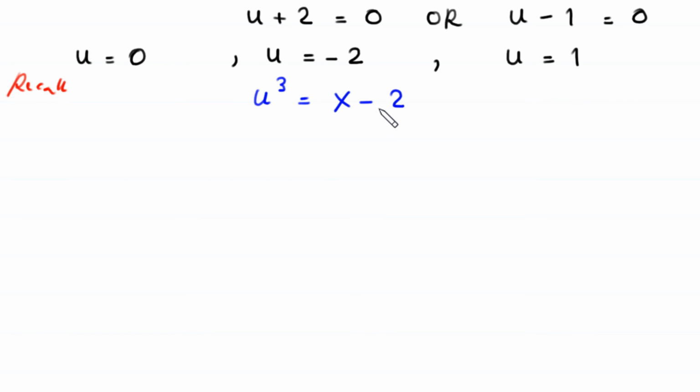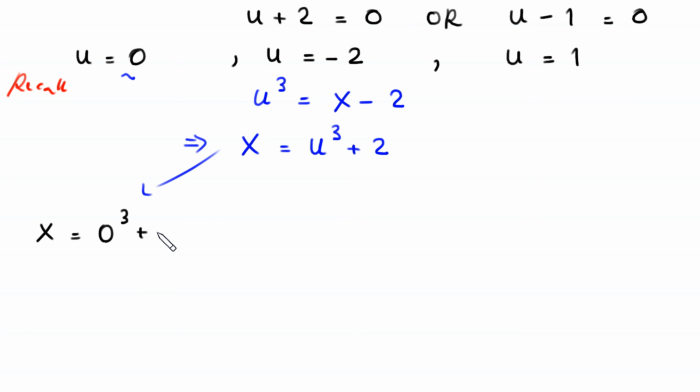If we move this negative 2 to the left hand side, this implies that x is equal to u cubed plus 2. So when u is 0, x is equal to 0 cubed plus 2, and 0 cubed is 0, 0 plus 2 will become 2.